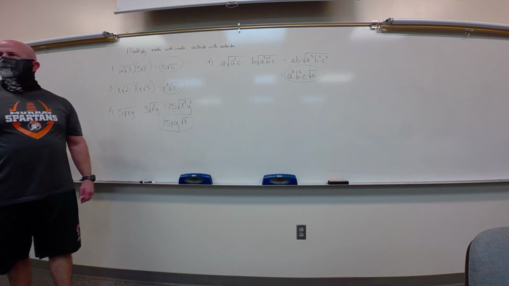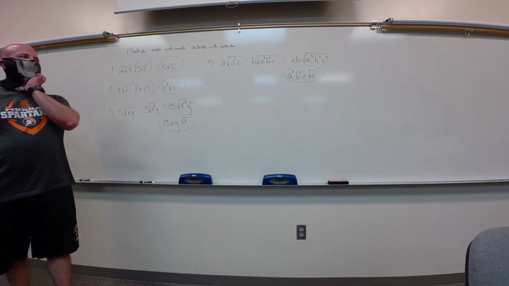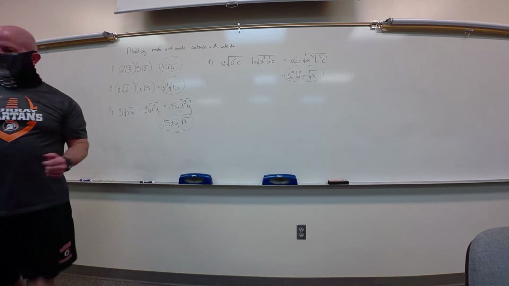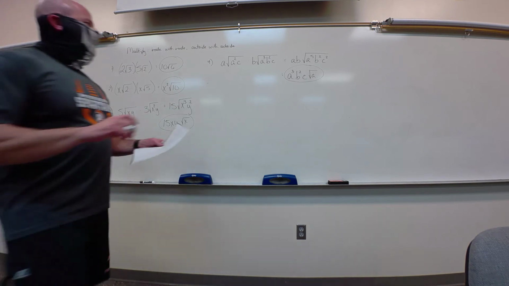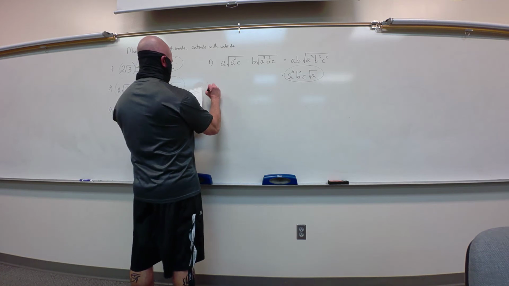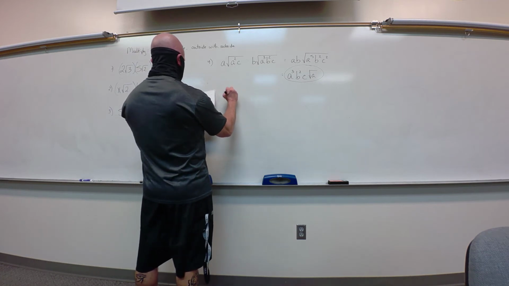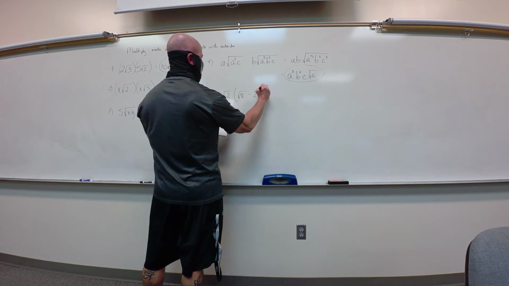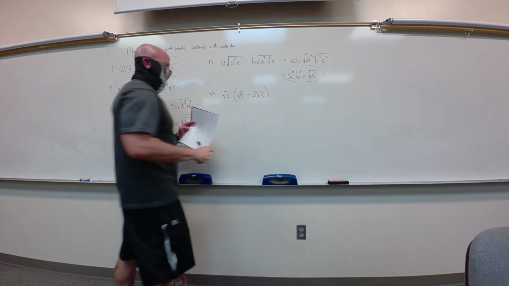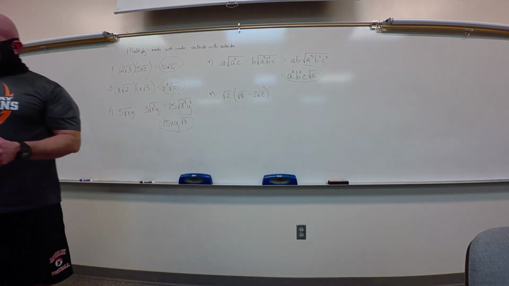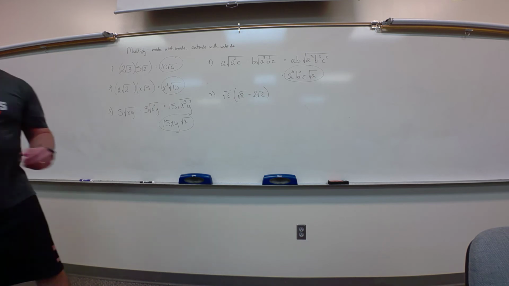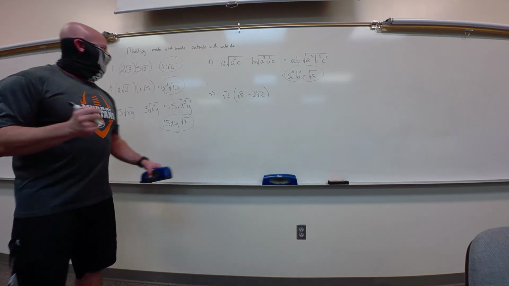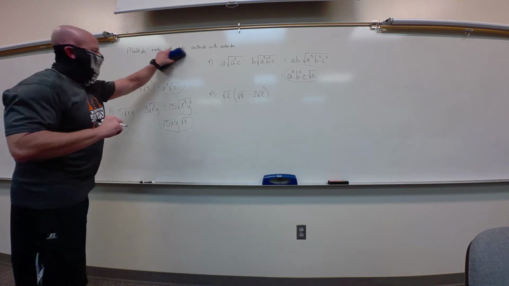Everybody okay there? Okay, now let's bring in some other multiplication looks here. Let's go square root 2 times square root 8 minus 2 root 2. Different look. Definitely not the best look, but let's kind of investigate what we've seen in the past.